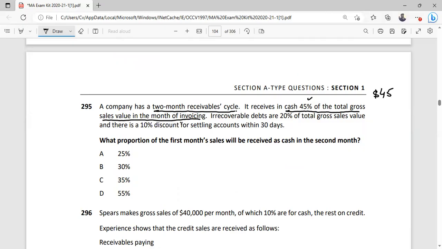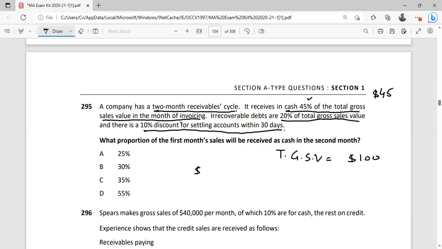We received $45 of the total gross value, and assume that total gross sales value is $100. Irrecoverable debts are 20% of the total gross value, and there is a 10% discount for settling accounts within 30 days. So we receive 45% of gross within 30 days after deducting this discount.